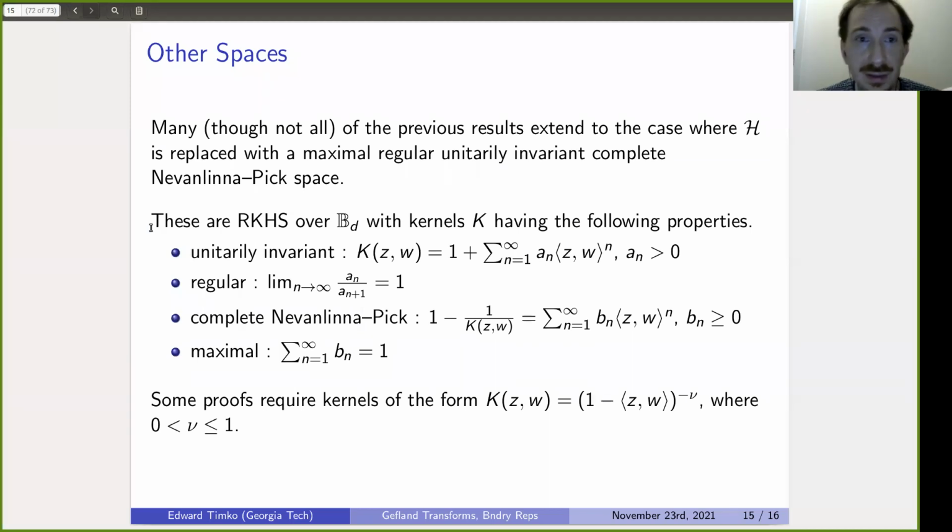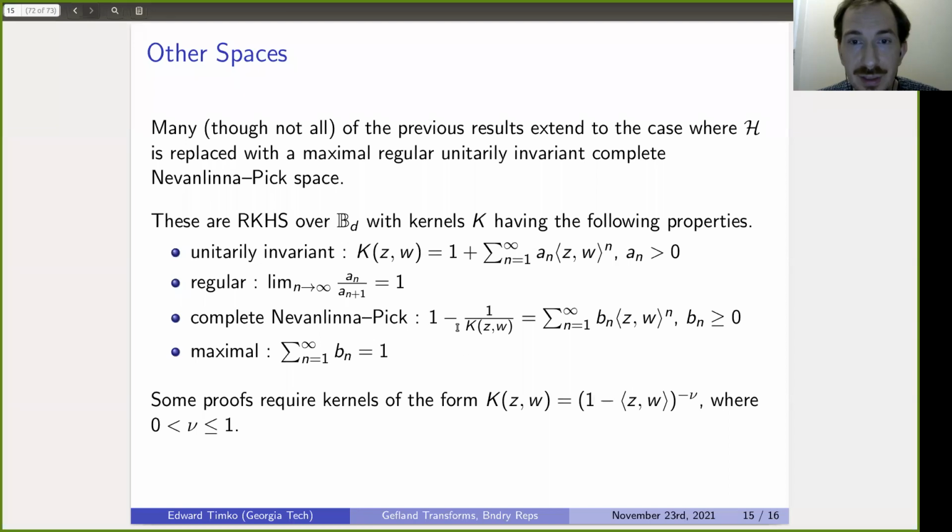Briefly, these are reproducing kernel Hilbert spaces over the ball with a number of special properties on their kernel K. First, they're unitarily invariant, which ends up saying that the kernel has a nice power series representation in terms of the inner products of Z with W. It's regular in the sense that you have radius of convergence exactly 1.